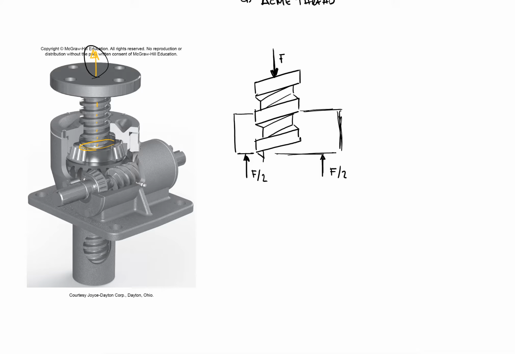So when I go from this point all the way around this, going up, and I get to the other side, I basically did a full circle. If I was looking at it from the top, if I start here, I would go around and end up one pitch in this case, but basically in general, when the nut right here rotates 360 degrees, it would have advanced this length.